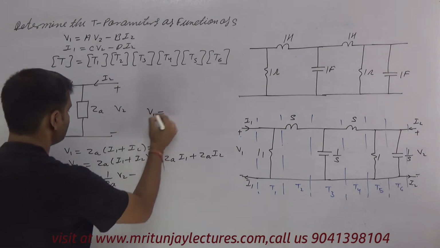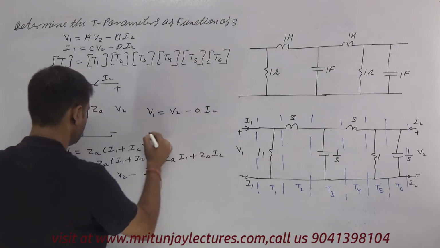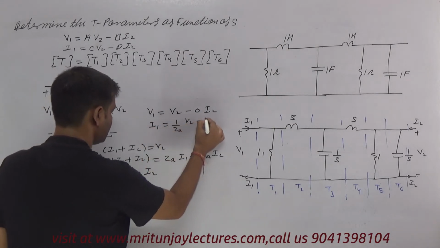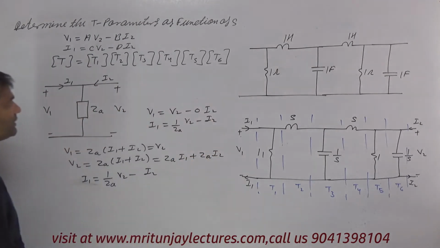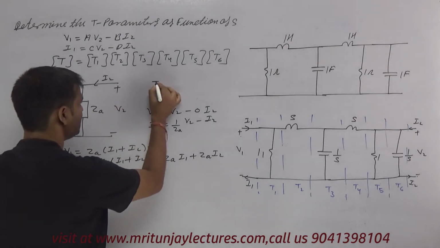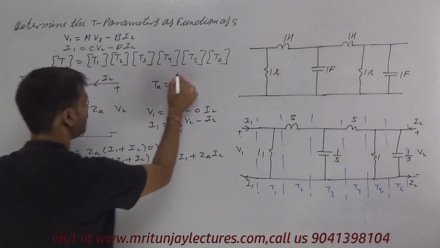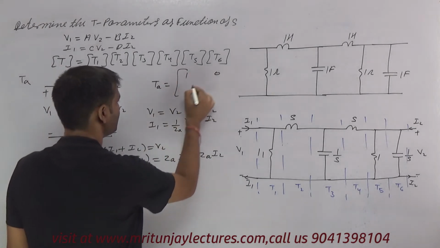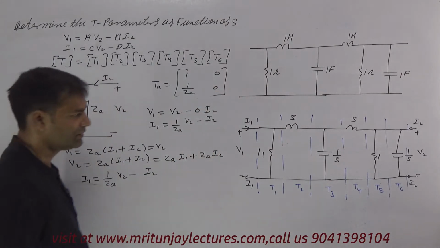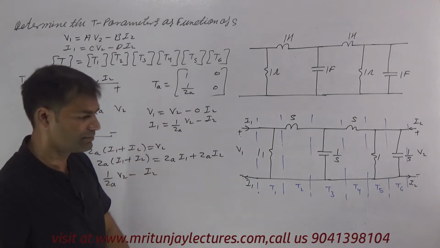V1 is equal to V2 minus 0 times I2, and I1 is 1 by ZA into V2 minus I2. Okay, so with this type of connection, suppose that is TA, we get 1 0, 1 by ZA and 0. If this type of connection, then it is written corresponding to this type.